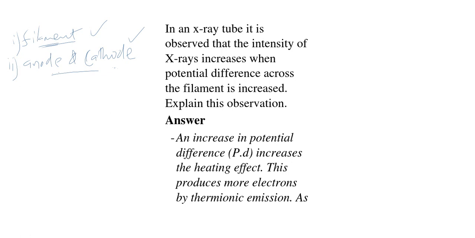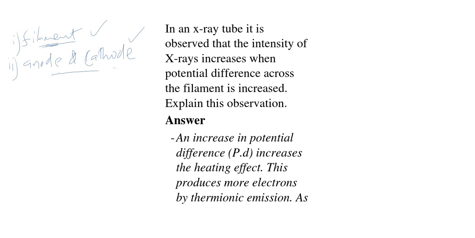Therefore, the potential difference across the filament will increase the heating effect, because we know the filament is the one that is used to heat the cathode to produce electrons.